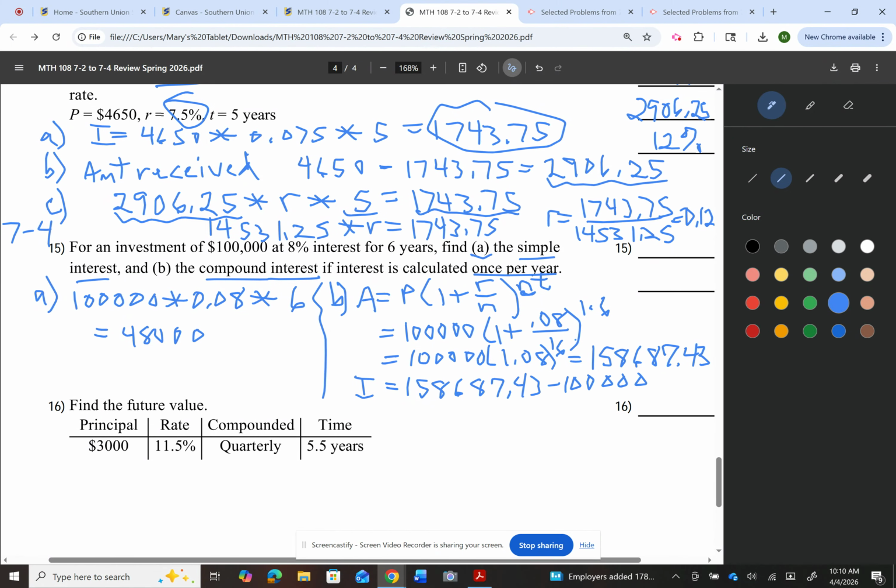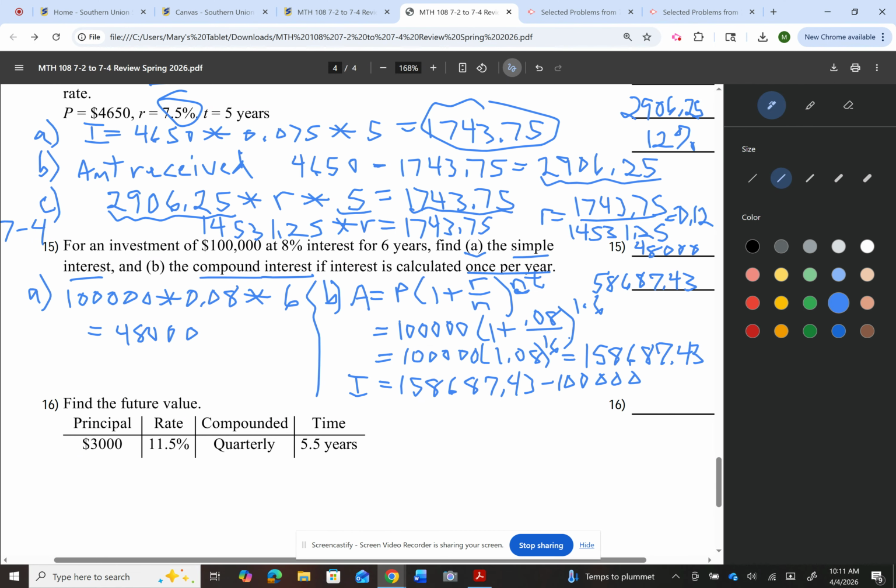So if it's compound interest, the interest is just going to be that difference, 58,687.43, where if it were simple interest, I would have earned 48,000. So considerably more, just because it was compound interest.